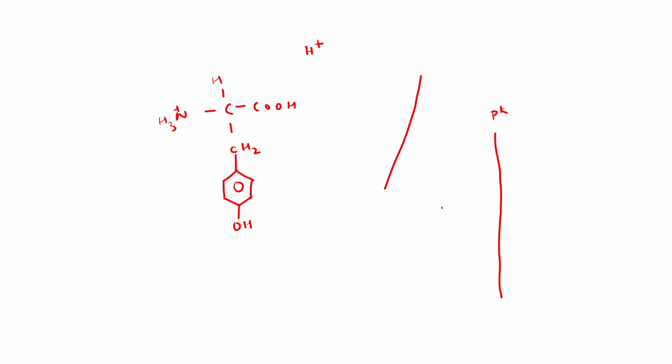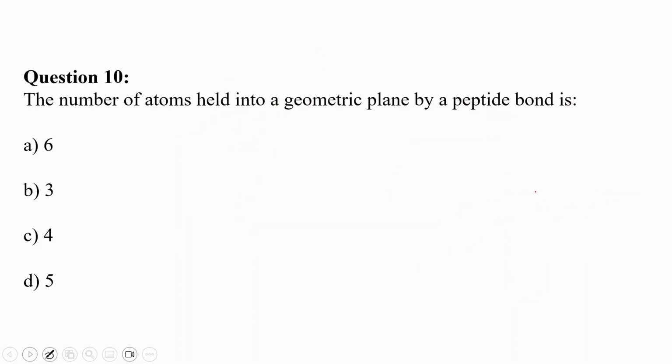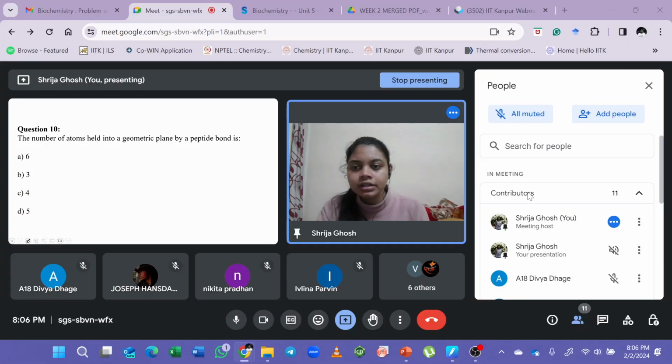If the pH is towards the left side of this line, the pH has not crossed the pK, and everything will be protonated. Once the pH crosses the pK value, things will get deprotonated. Remember it like that. The pK value is basically a straight line. If the pH crosses the pK value, it will get deprotonated.